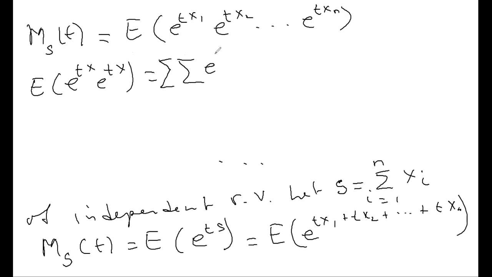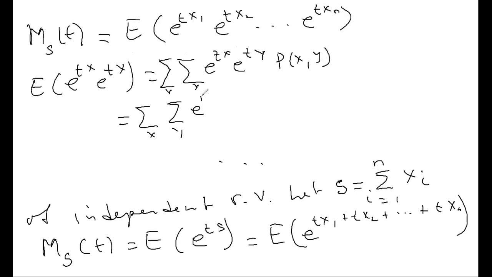Then this will be the sum over x, sum over y, of e^(tx) e^(ty) times p_X(x) p_Y(y). I don't want to write too much, so let's just assume it's p_X of x, p_Y of y, the marginal distributions of X and Y, because X and Y are independent.